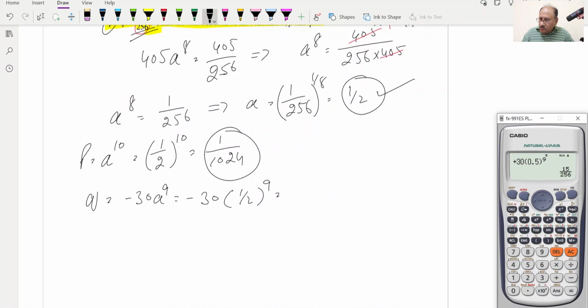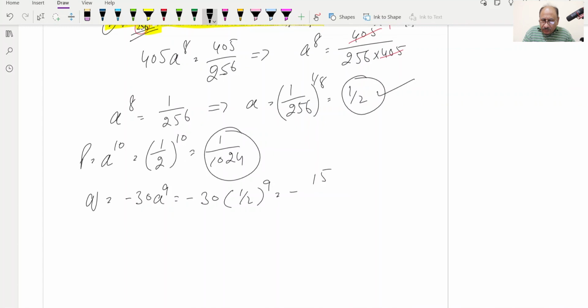This should be minus, it is not plus, and we'll get minus 15 over 256, and this will be our q value.